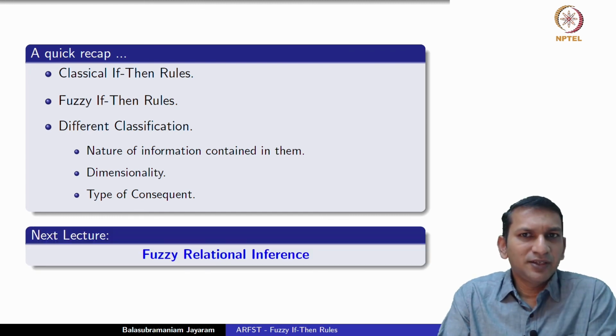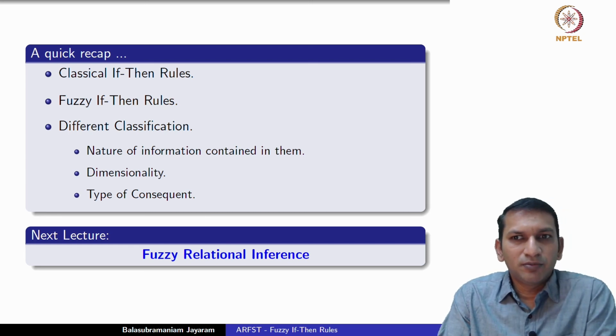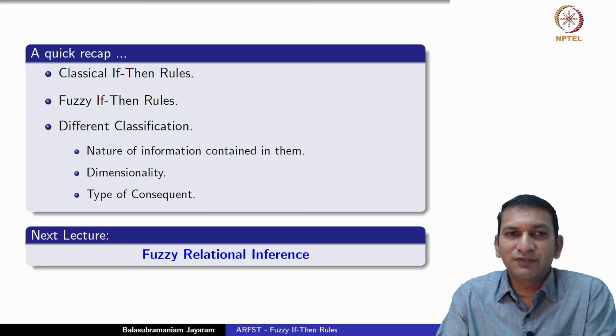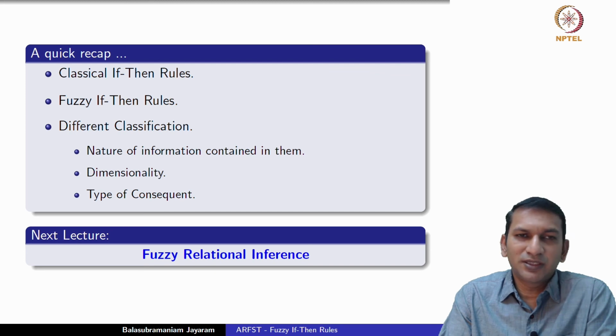In the next lecture, we will get into the real mainstay of our course, which is the fuzzy inference system. We will start by looking at general components and general schema of fuzzy inference system, and look at, as we know, it has these two components: the knowledge, which is contained in terms of fuzzy if-then rules, which we have discussed so far to some sufficient extent.